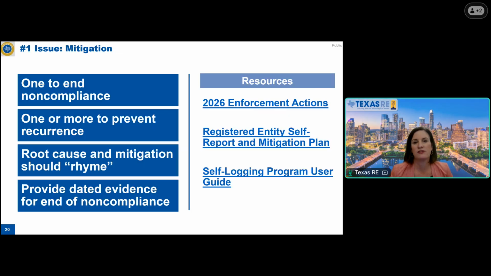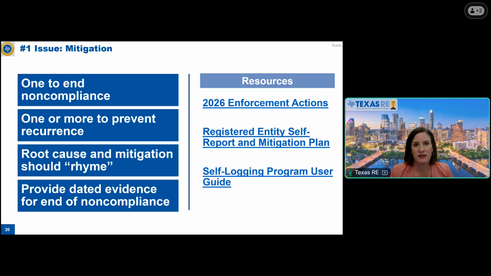So once again, let's circle back around to mitigation, our number one issue, our number one sticky wicket that we have here when people are putting in their own self-reports. Just remember these things. You're going to need one mitigation to end noncompliance. You're going to need one or more to prevent recurrence. So that's a minimum of 2 mitigations.